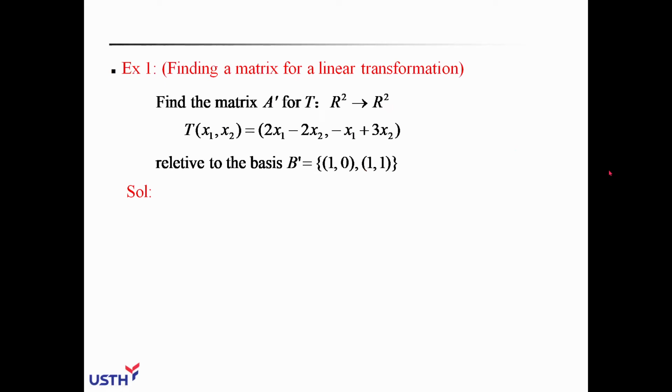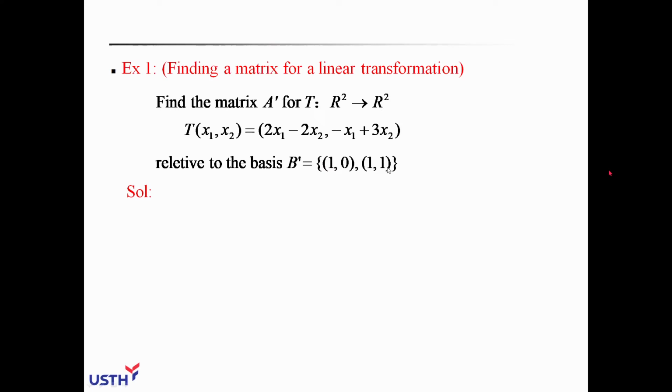Now, suppose that T from R2 into R2 is a linear transformation given by the formula like that. And if on R2 and on both sides we consider the basis B prime like that one.